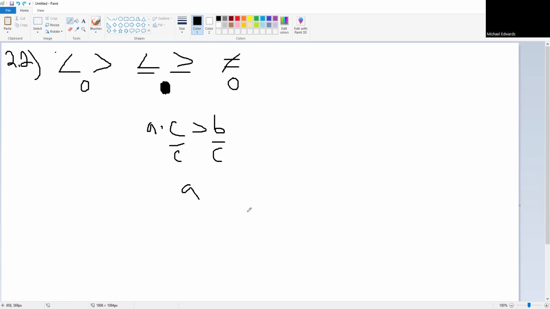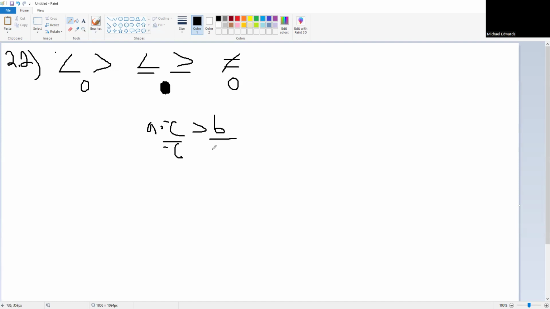Well, this may be a big deal if this was a negative C. If you're multiplying or dividing by a negative across an inequality, you have to change the inequality. Here's what I mean. Divide the C out. This is multiplication.